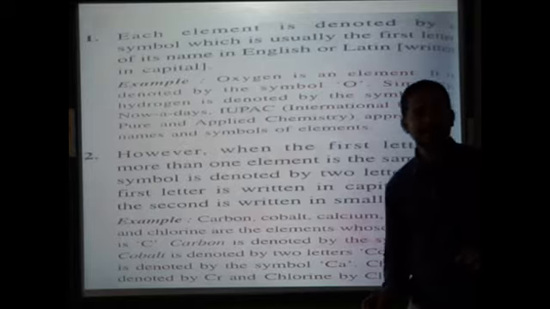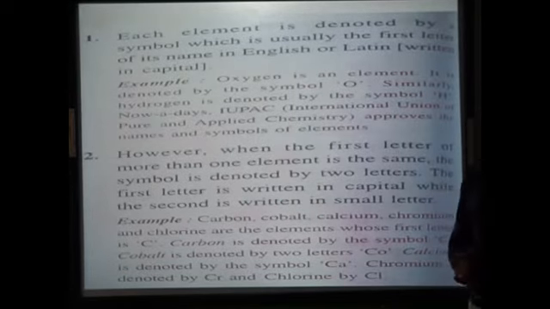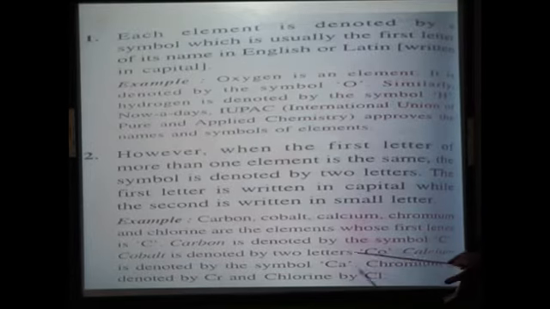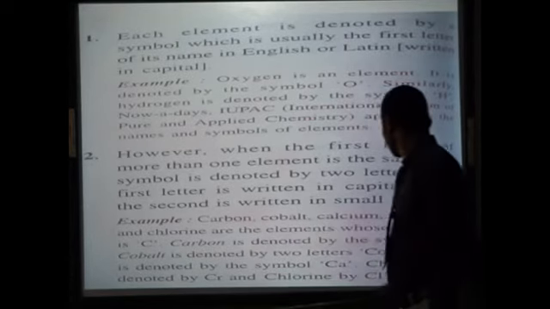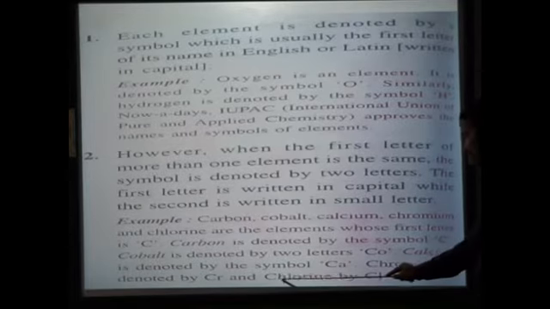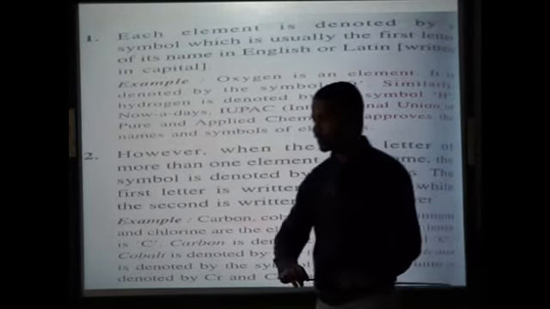That means first letter is compulsory, then any letter from the name in small. Cobalt, Co, then calcium, Ca, then chromium, instead of writing CH, what is there? Cr. Then chlorine, instead of writing CH, what is there? Cl.